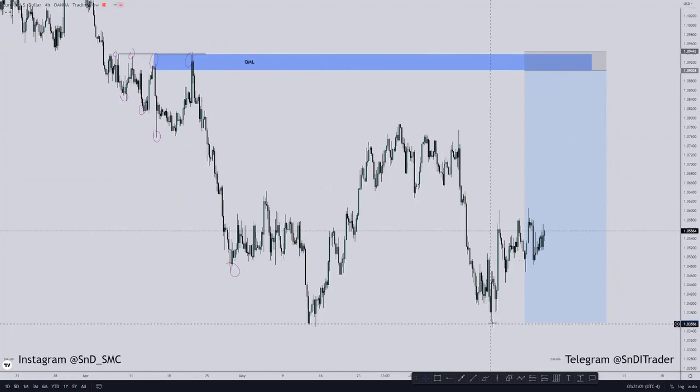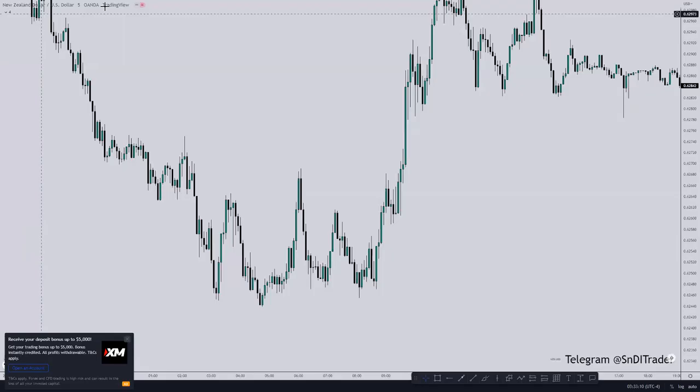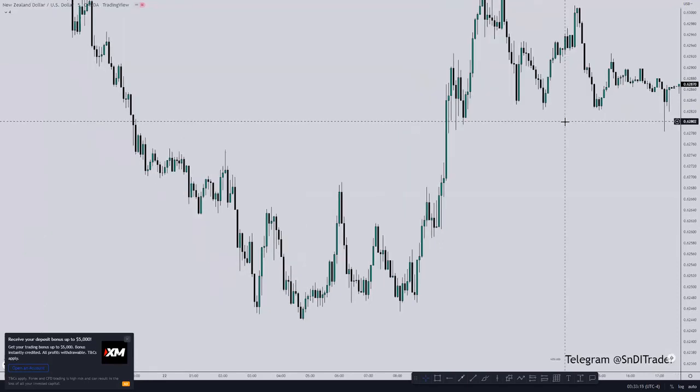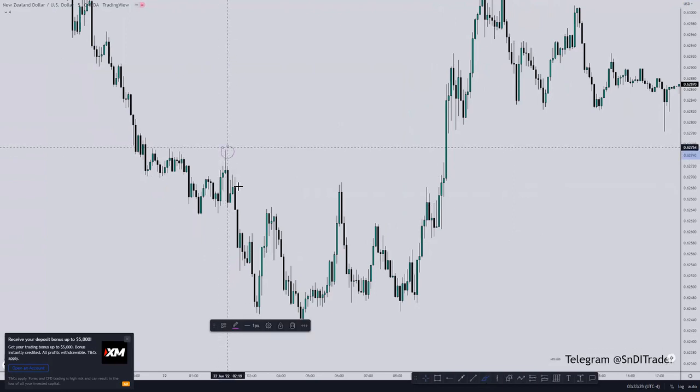So let's just move towards another. So now we are in, sorry, we are in the New Zealand USD chart, NZD USD. So this is a lower high, this is the lower low, this is the lower high, this is the lower low, and this is another higher high.